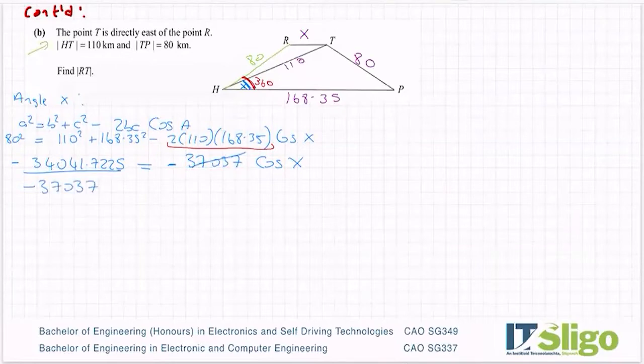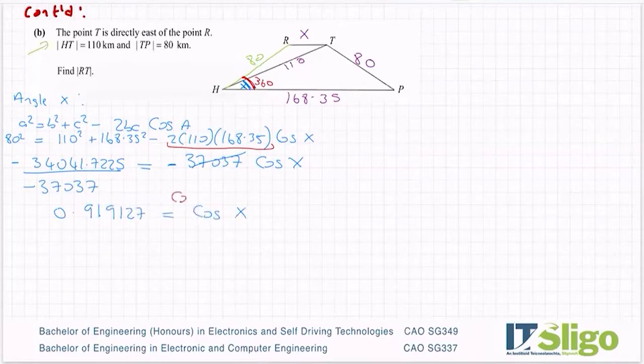So we have 34041.7225 over 37037. So 0.919127 is equal to cos x.